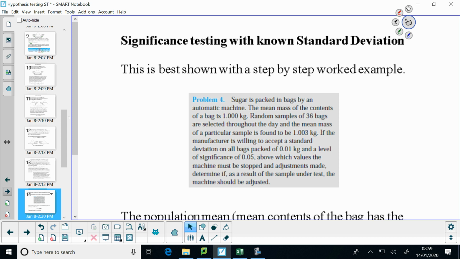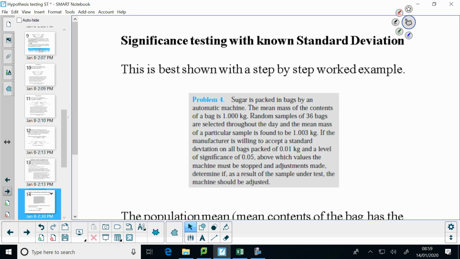The manufacturer is willing to accept a standard deviation on all bags of 0.01 kilograms and a level of significance of 0.05, above which values the machine must be stopped and adjustments made. Determine if, as a result of the sample under test, the machine should be adjusted.